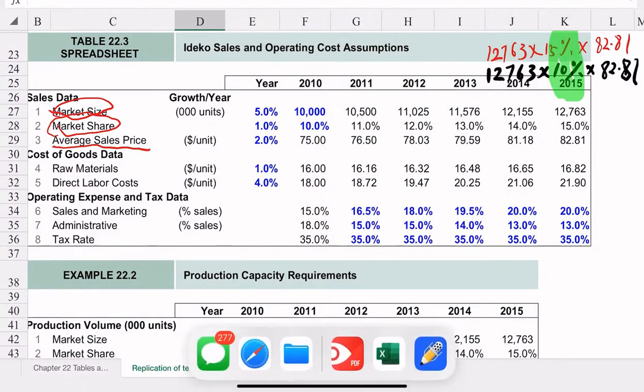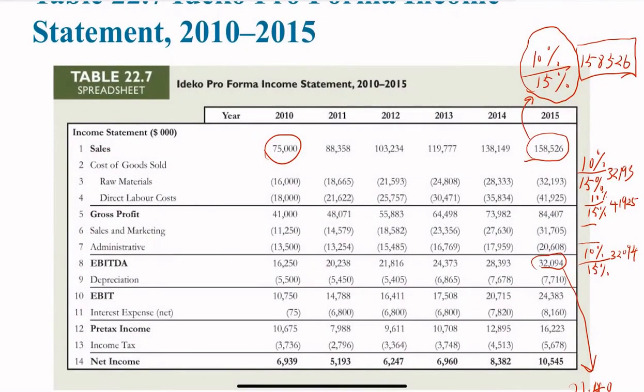So that's why here you wanted to use 10% divided by 15%. And you can check with other numbers, right? This raw materials, labor costs, you can check with these other numbers, and you can see that this shortcut here will actually be correct.